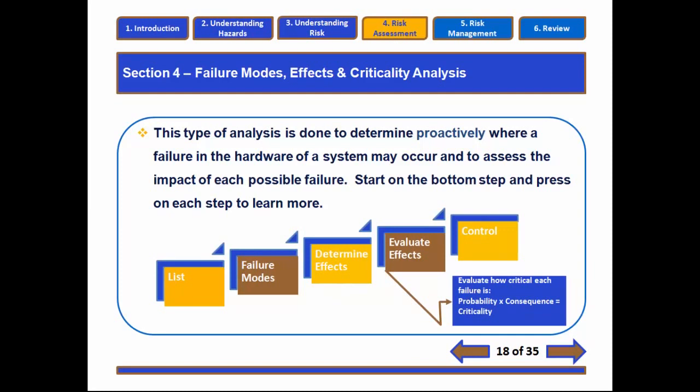From there, you go to evaluate the effects. So you've said, okay, this part fails in this way, that causes this. We go and we calculate the risk, which you remember is the probability times the consequence, although here they're calling it the criticality. Essentially, bigger numbers means things you should pay more attention to.